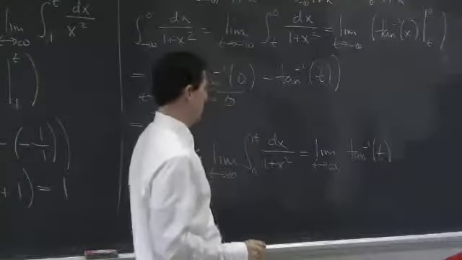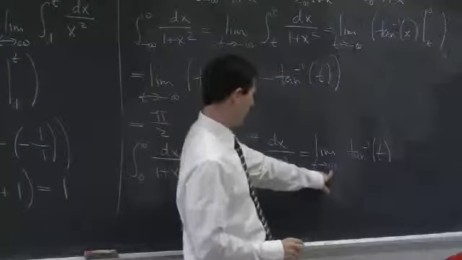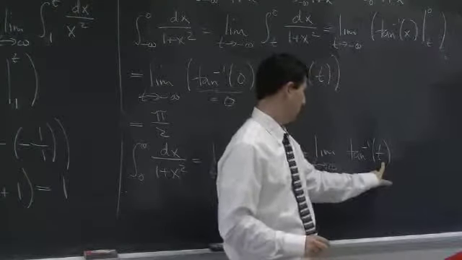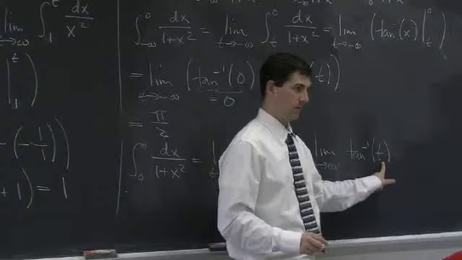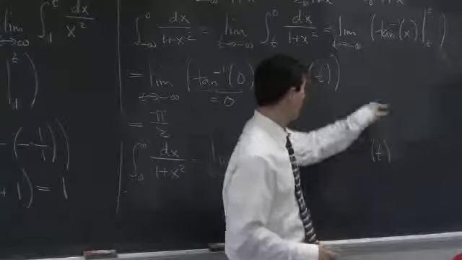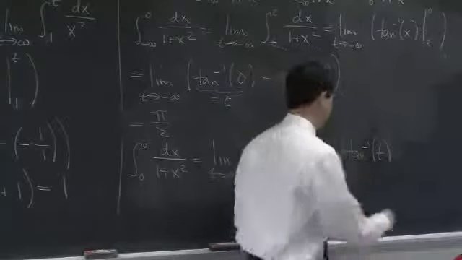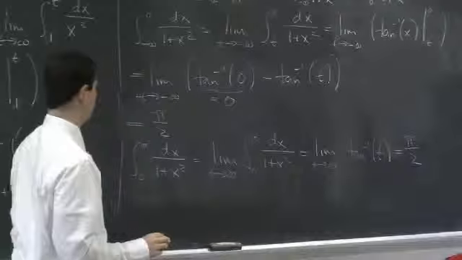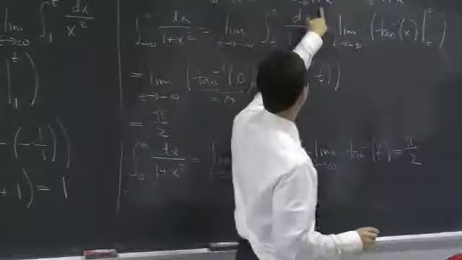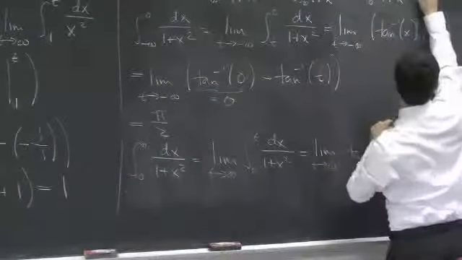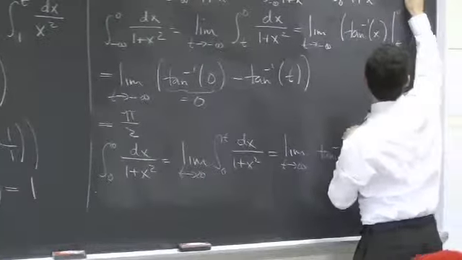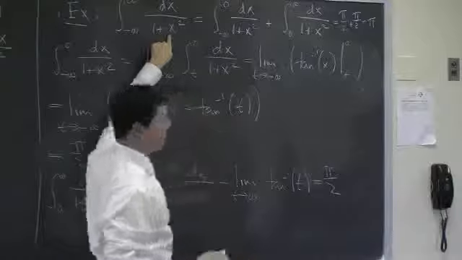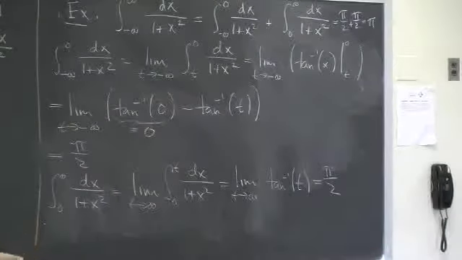And we've actually already solved this problem. As t goes to infinity, what does arctan of t go to? Pi over 2, right? It's the one up here where it's positive. This is, again, pi over 2. So this integral is pi over 2, and this is pi over 2. So the area under the entire curve is pi.